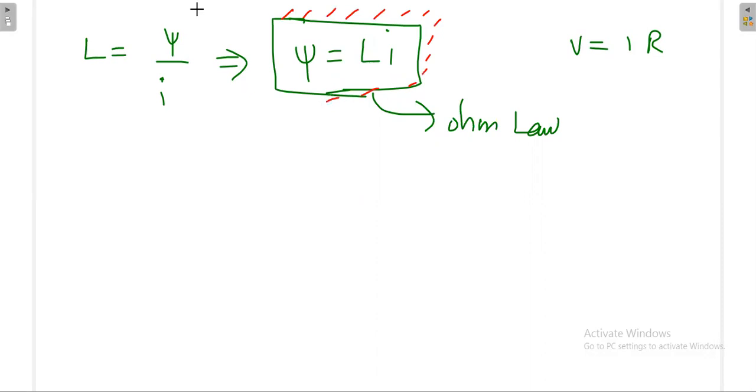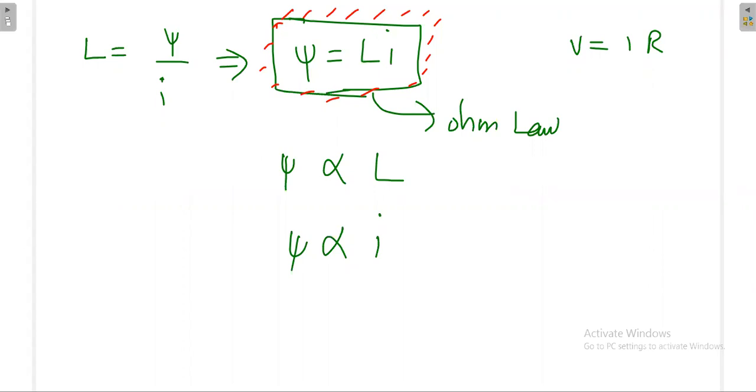One thing is clear here. The total flux produced depends on two things. It depends on L also. If your inductor value is very high, even if your current is less, it can produce more flux. Otherwise, for a given inductor, if your current is high, you can also produce more flux. So you can increase the flux either by increasing the value of the inductor, or by increasing the value of the current.